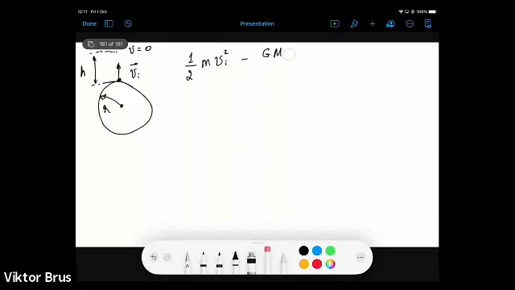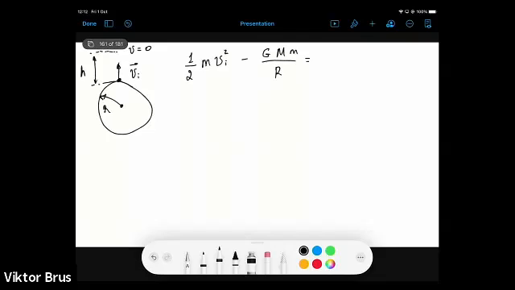Let's not specify that it's Earth, just this capital M will be the mass of the planet, and small m will be the mass of the projectile. So we have the mass of the planet multiplied by the mass of the projectile divided by the radius of the planet, R, because that's the initial position of the body on the surface with respect to the center of the planet.